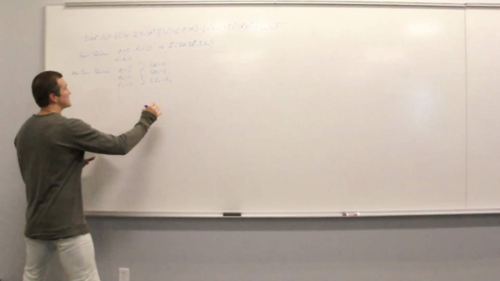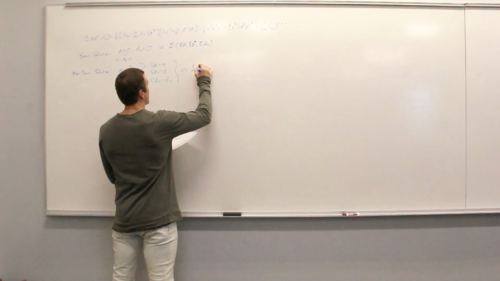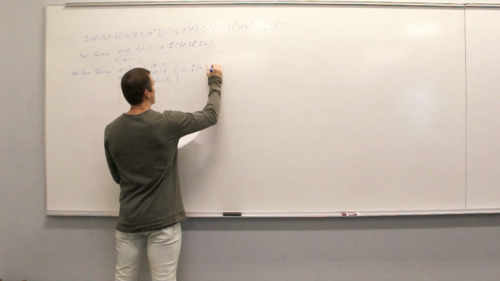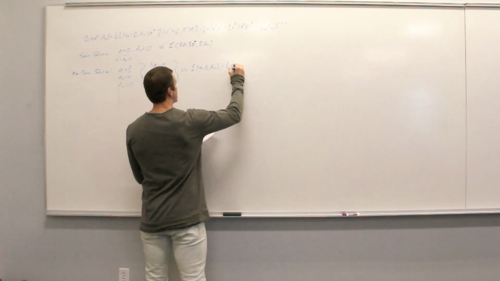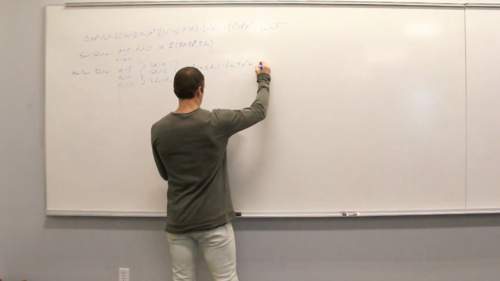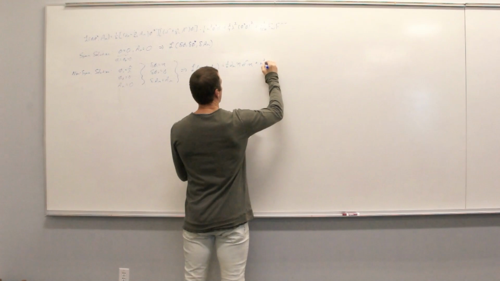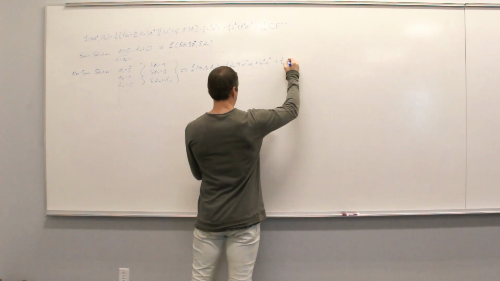And then this led us to a Lagrangian of the following form. I'm not going to write the entire Lagrangian, I'm just going to write down the kinetic terms. And I'll leave out all the interactions.